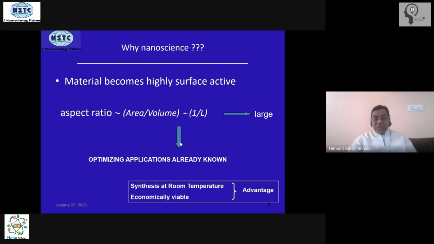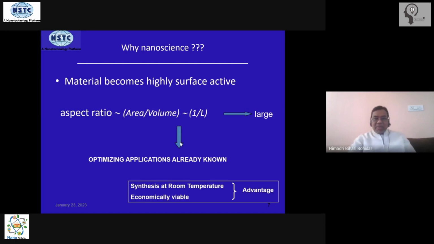The aspect ratio is defined by area divided by volume. Area is length squared and volume is length cubed, so this is 1 over length. As the size becomes smaller, L becomes small, and the aspect ratio becomes large. So when you read the literature, authors often write that the material had a very high aspect ratio. They basically mean that their size is very small; they're working with tiny nanomaterials.